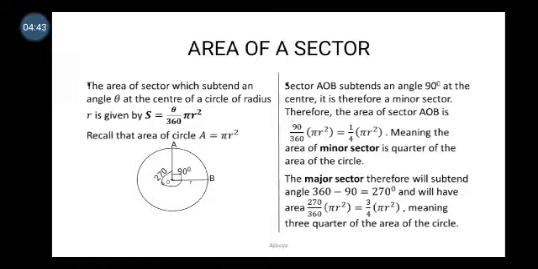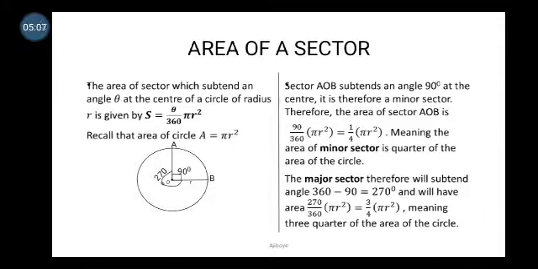Pi is a constant, usually given as 22 over 7 or 3.142, and r is the radius of the circle. You also recall that the area of a circle A is equal to pi r squared. So you can see that the area of a sector is theta over 360 times the area of the circle.